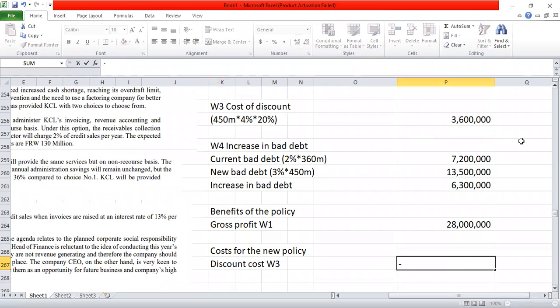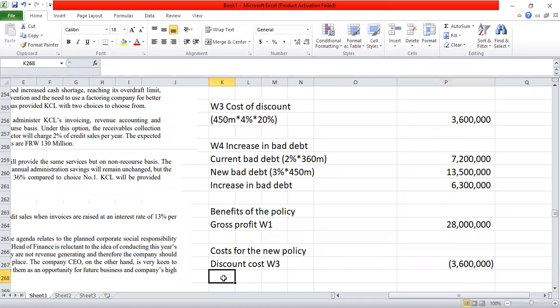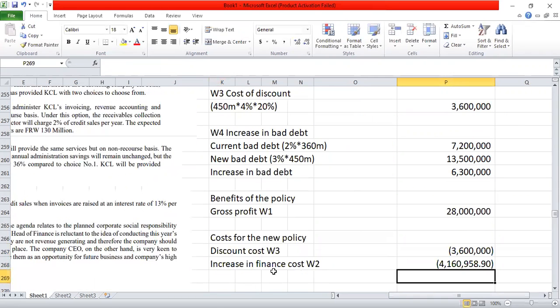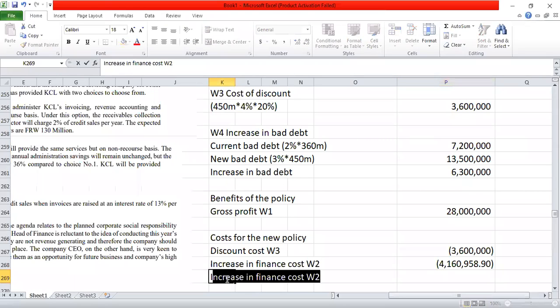Of this, I have increase in the finance cost, which is working 2. Then I have increase in the bad debt, which is working 4.